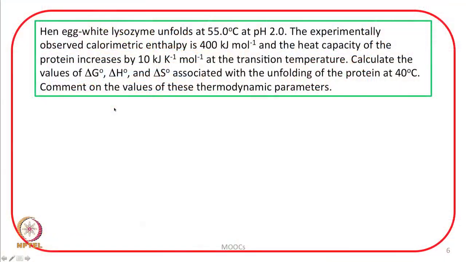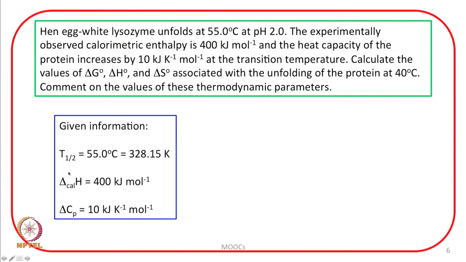Now, coming back to the question which was being asked to us, with the given information, because that is all we needed: the transition temperature, the calorimetric enthalpy and the change in heat capacity.